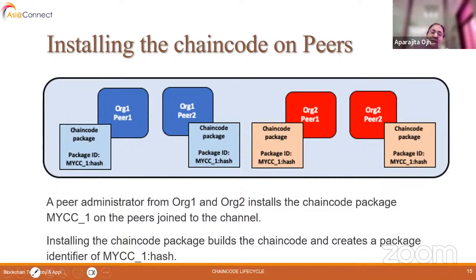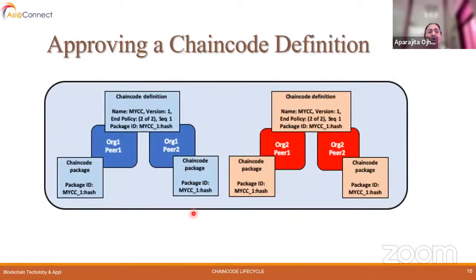So the moment I install as an administrator, you will get a package identifier, mycc, with some hash. So you can see that now the chaincode definition is available to both the peers of the organization, of Organization 1 and Organization 2.